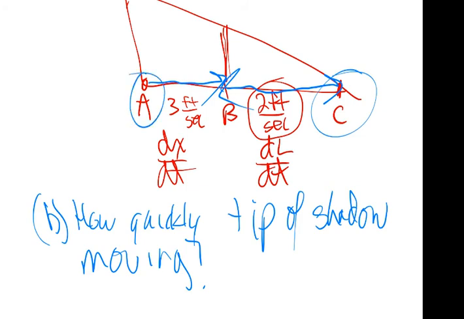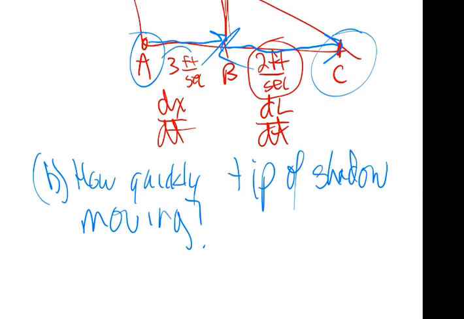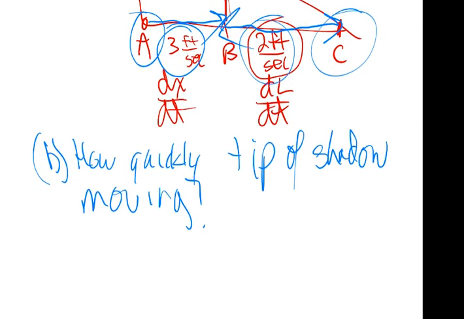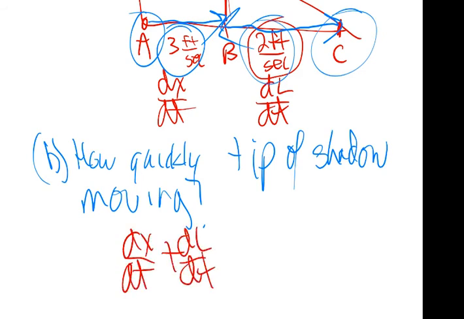Well, again, what would that be? That rate is going to be the sum of those two rates. Because if A to B is lengthening by 3 and B to C is lengthening by 2, altogether it lengthens by 5. So what we would say here is that dx by dt plus dL by dt equals 3 plus 2, which is 5 feet per second.